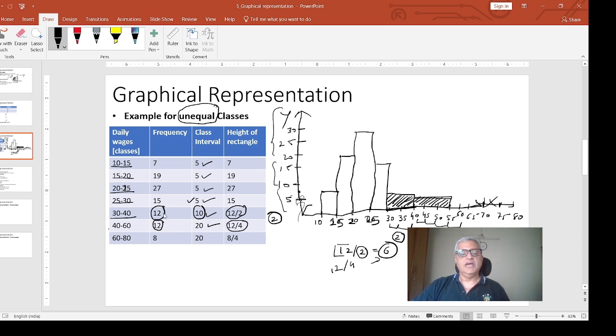Whenever I have classes which are larger than the normal classes, typically they would be in multiples of the base class interval. So this is 5 to 10, 5 fours are 20. So that multiple I need to divide my frequency with, and I need to reduce my height accordingly. Okay.